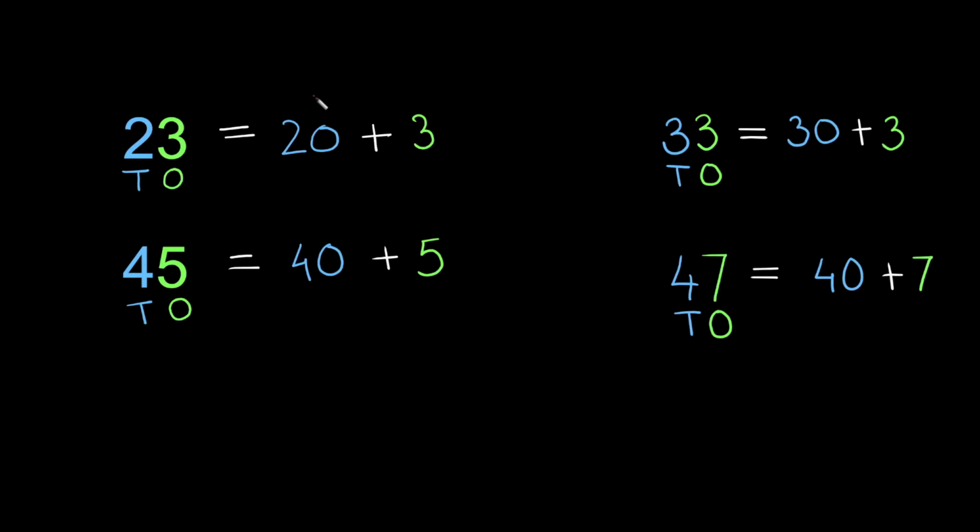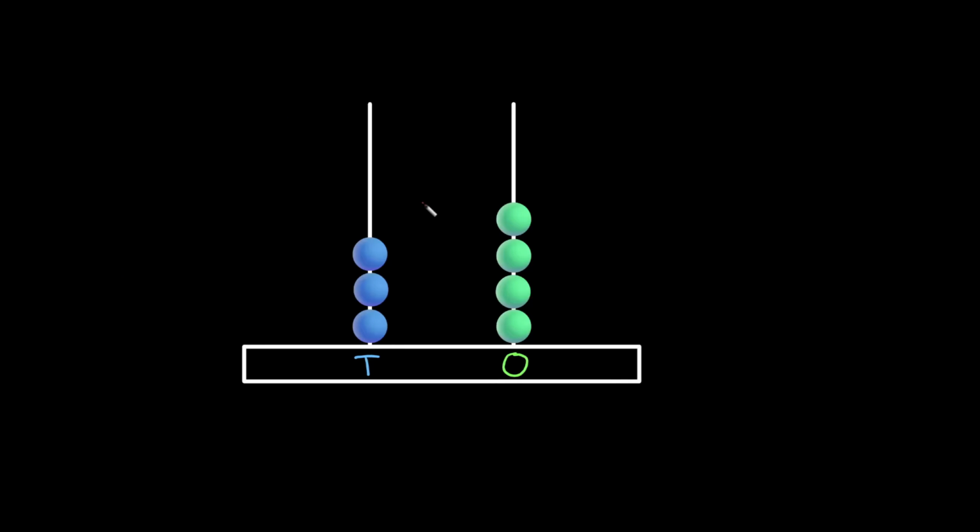These are the expanded forms of these numbers. And then we understood how we read values in an abacus. Here we have 3 balls in tens position giving us the value 30, 3 tens, and then we have 4 balls in ones position giving us the value 4, making the total 34. That's how we read abacus.